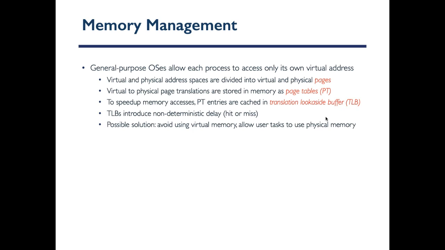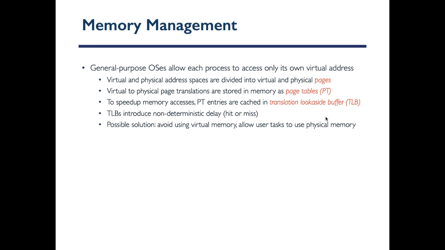So if I have already translated virtual page 2 to physical page 5, I can cache this translation so that if in the future I see this address again, I know the translation. I don't need to go back to the memory again. This cache is very small, as you could imagine, and it's called the translation look-aside buffer, TLB, in short. Many modern architectures have this, right?